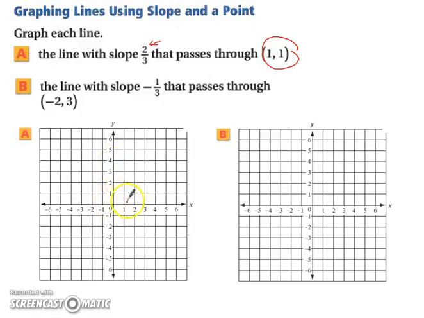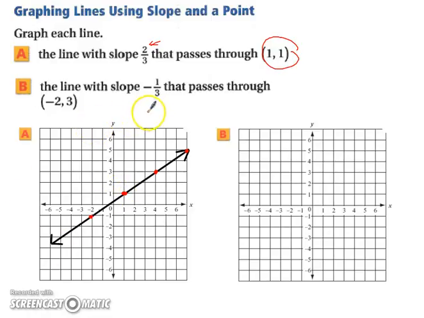So we're going to start at point 1, 1, and then rise and run our slope. Up 2, over 1, 2, 3. You can even go down 2 and to the left 3. And then we can connect those points with a line. Alright, so we have our line.